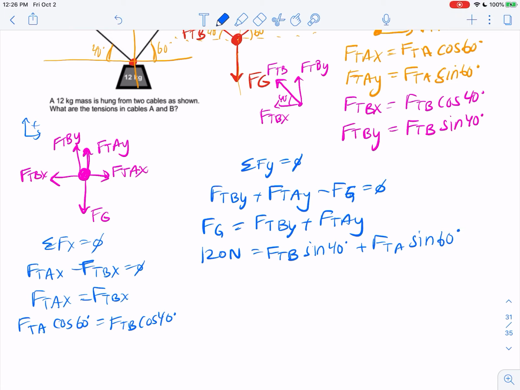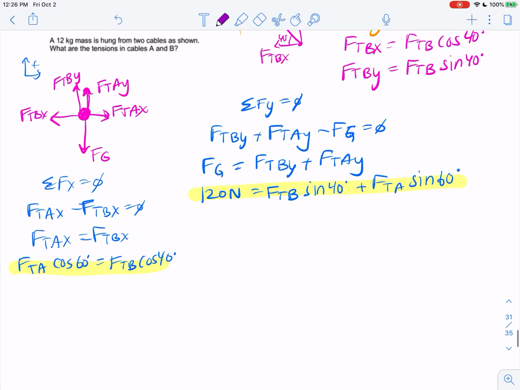Now I have all the components, so you can see what's happening here: I have 2 equations and 2 unknowns. FTA and FTB are both my unknowns. So now you have to do a little bit of simultaneous solving, because you can't do anything else. This x equation is a little bit easier, so I'm going to solve for FTA.